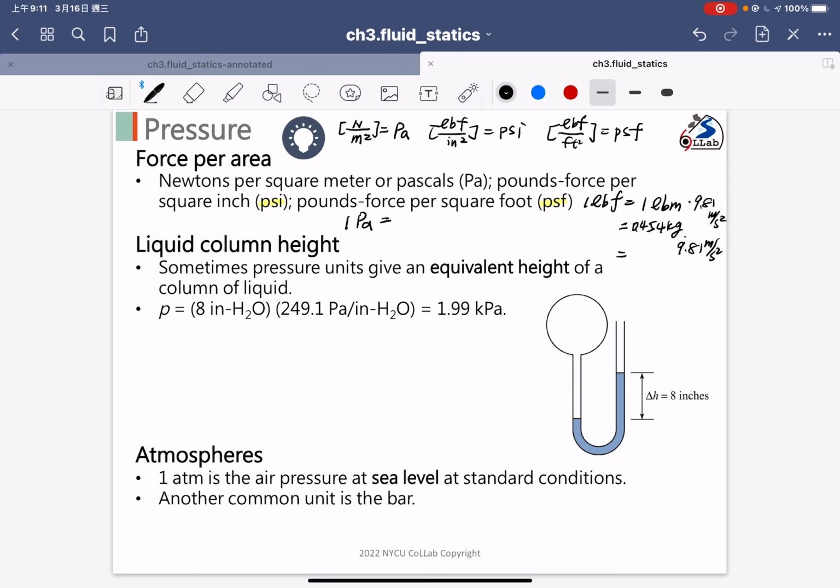So you know that the 1 pound force is equal to how many newtons? You compute it with your calculator, and it is around 4.45 Newton.